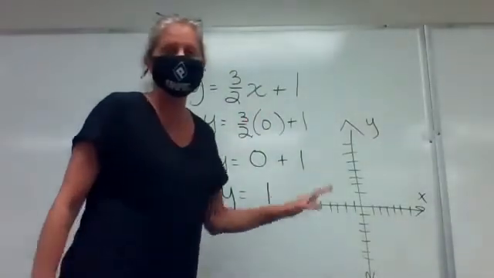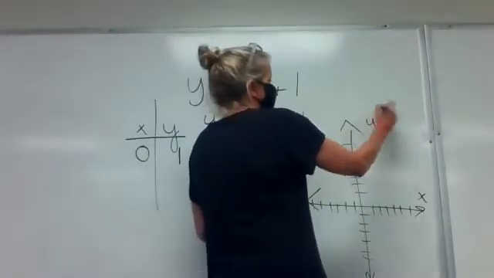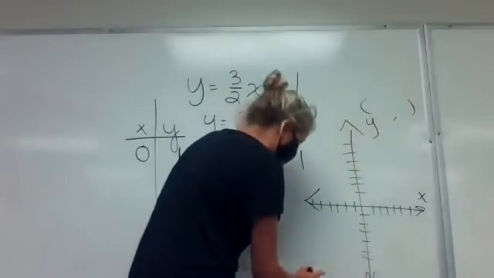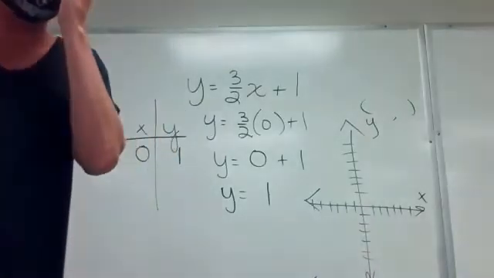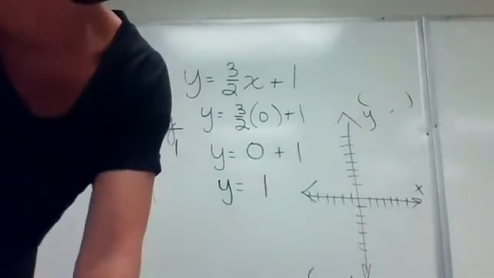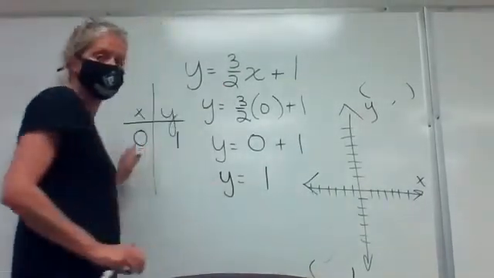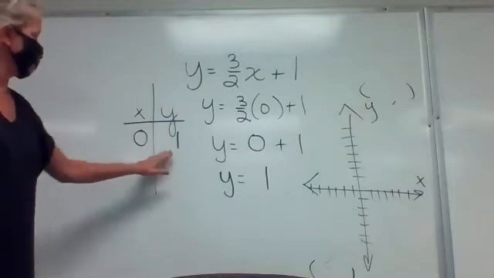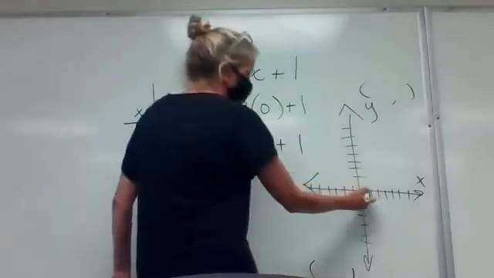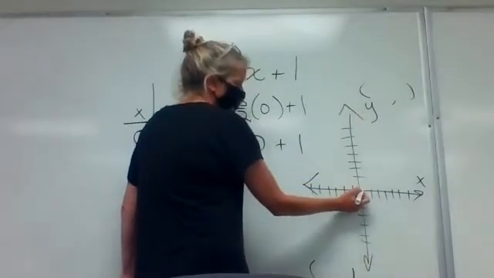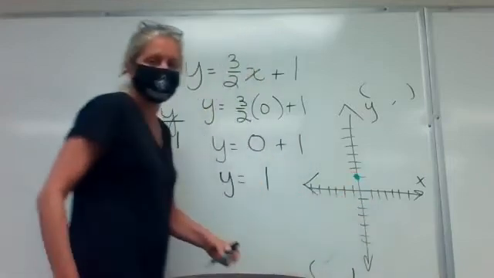When you're in Math Lab, remember we talked about this on Monday, either in the yellow rectangle up here or down in the bottom, it's going to tell you where you are on the graph when you're plotting points. So just make sure before you plot a point that you're hovering over the point that you're actually trying to plot. For the point 0, 1, if your X is 0, you don't go left or right at all. If your Y is positive 1, you'll go up 1. So there's where 0, 1 would be.